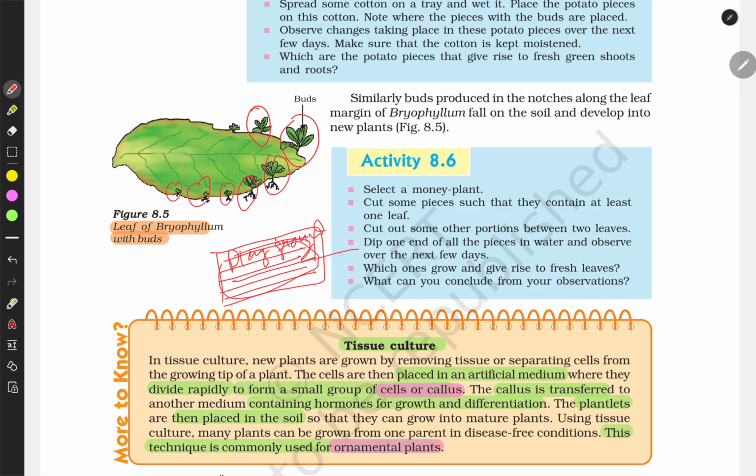And after a few rainy days, in the monsoon season, the playground becomes full of green grass, small green grasses. So how does this happen? This happens because of vegetative propagation.